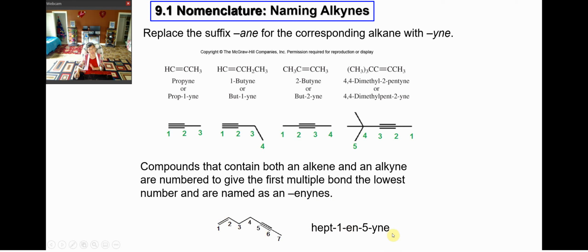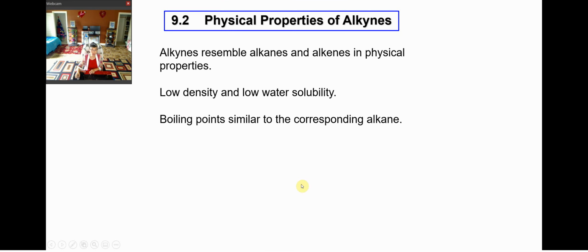You name it essentially as your alkyne, but the alkene is part of the name, and you need to identify the double bond and triple bond. In this molecule, you have 7 carbons in total. Your double bond is located at number 1, so you call it hept-1-en-5-yne. This is your alkyne. So that's how you name it if it becomes complicated.